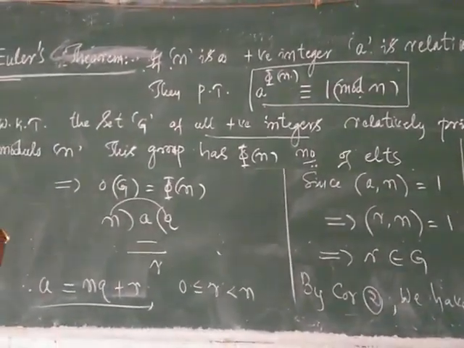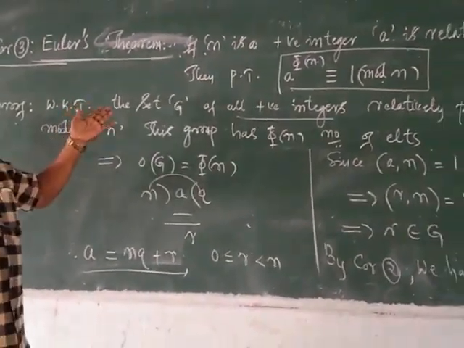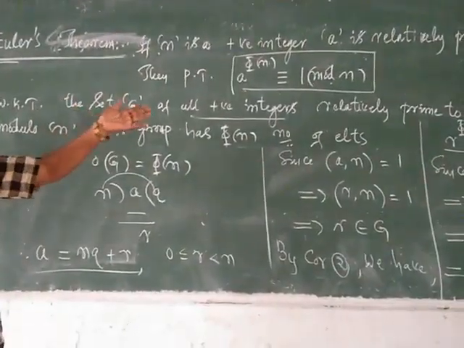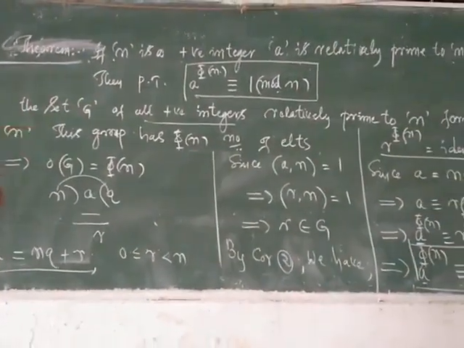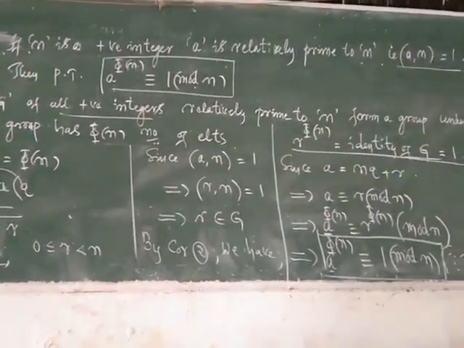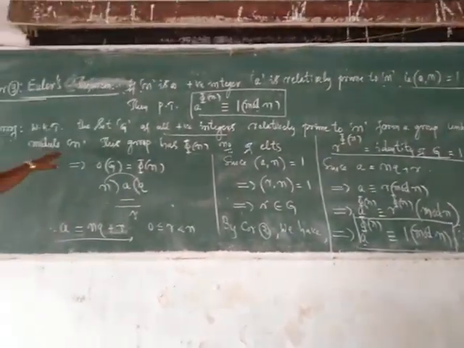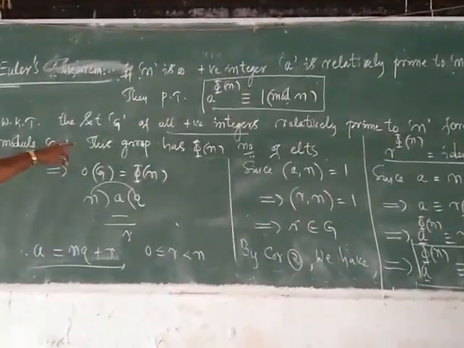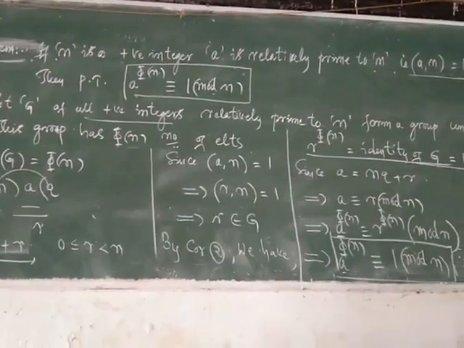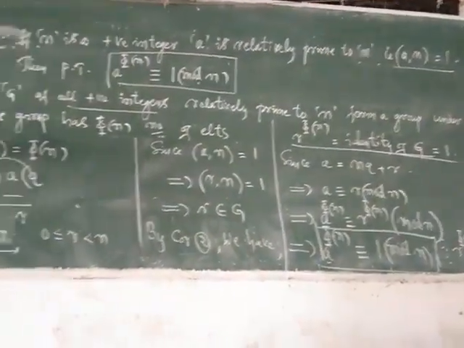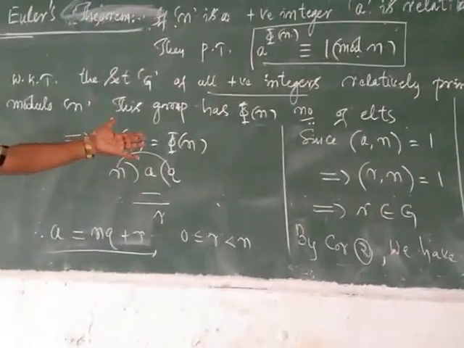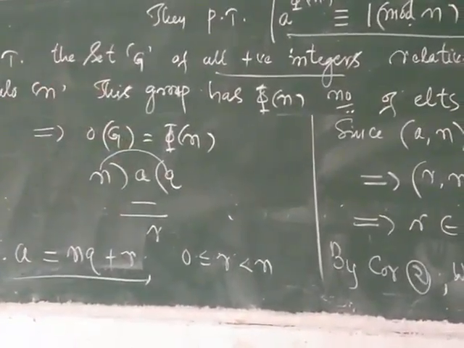To prove this, we know that the set G of all positive integers relatively prime to n forms a group under multiplication modulo n, and this group has a finite number of elements. The order of the group is the number of elements in that group.